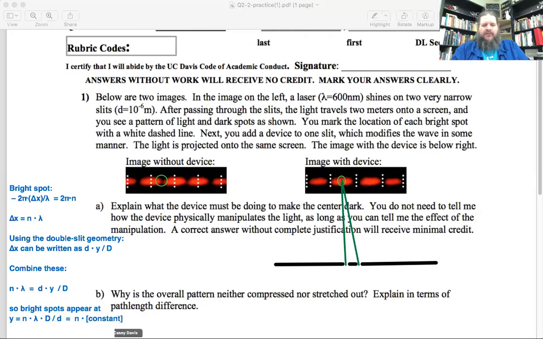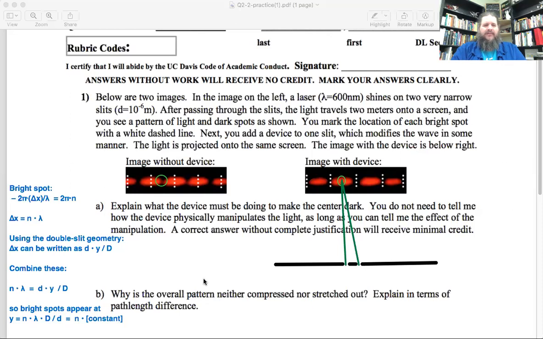However, what does this constant depend on? Because we get y equals n times a constant, but what values go into making up that constant? Y? Well, y is the result. Y equals n times a constant.